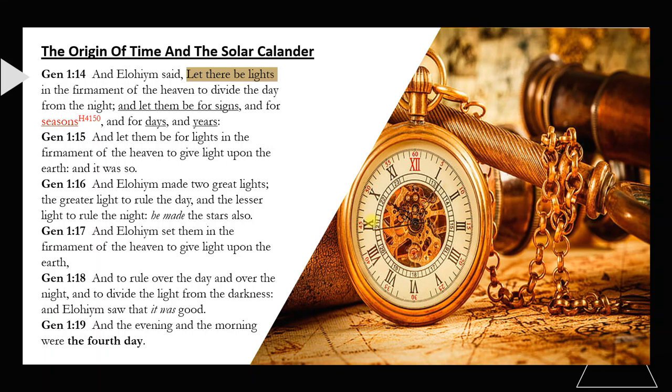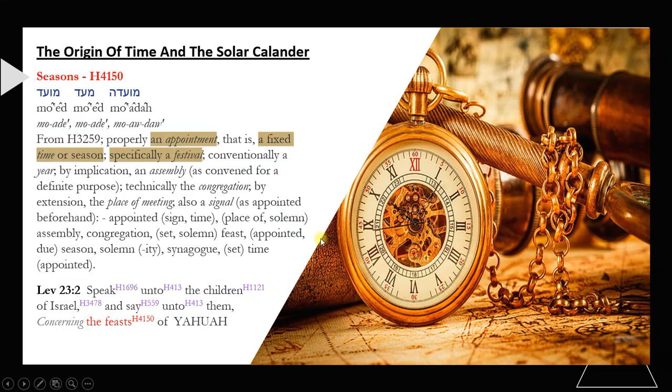Let's look at the definition for this word seasons. The KJV didn't do a good demonstration of dissecting the Hebrew word into English. It was brought over as seasons, but when you look at it in the dictionary, you'll see something a bit more detailed, more telling.